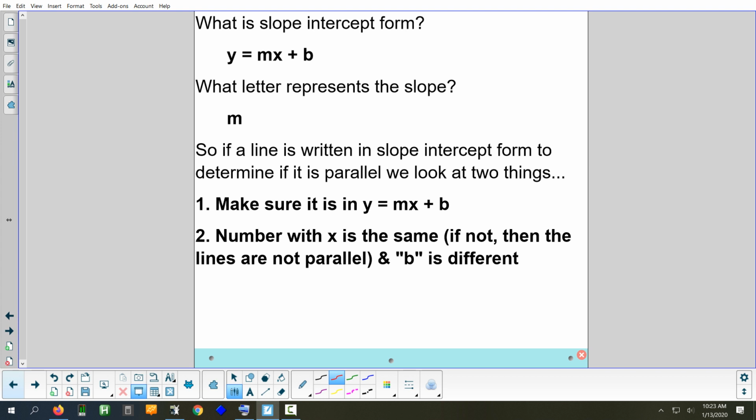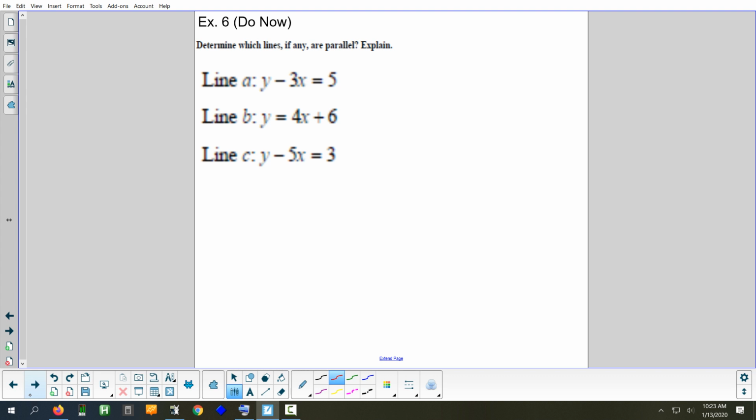Anyone still need some time to go? All right. So let's look at example 6. They want to know which of those lines are parallel.